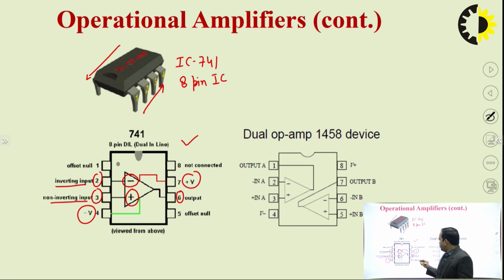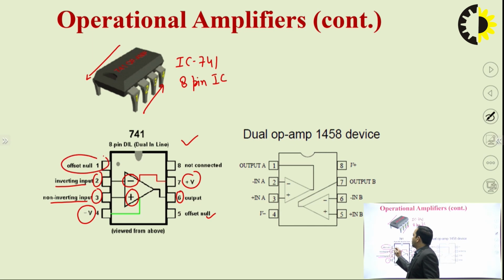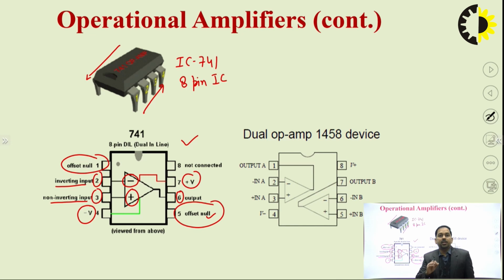Now as we are aware that the operational amplifier has a very high gain, that means even if we are not providing any input, the operational amplifier gives a certain output. That output is a kind of error which is known as offset. So we have the provision at pin number 1 and pin number 5 to make this offset 0, which is called offset null.